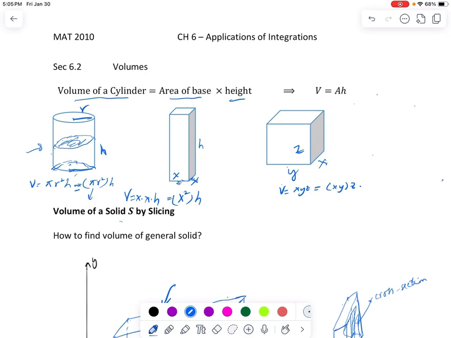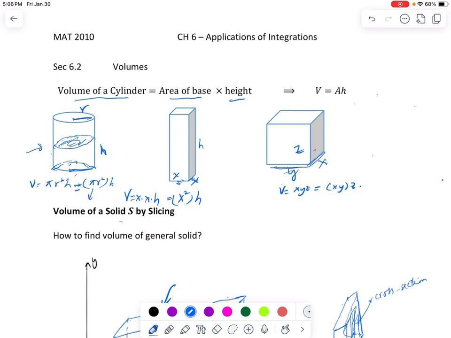Same thing here in the third picture. We have x, y, z, three sides, or you can say l, m, n, or length, width, height, whatever. You will see that we multiply all three to get the volume. And again, what is the area of the base, or the area of a cross section?